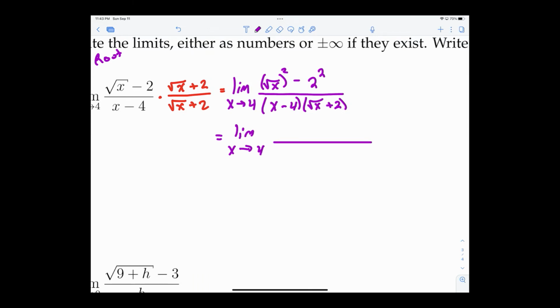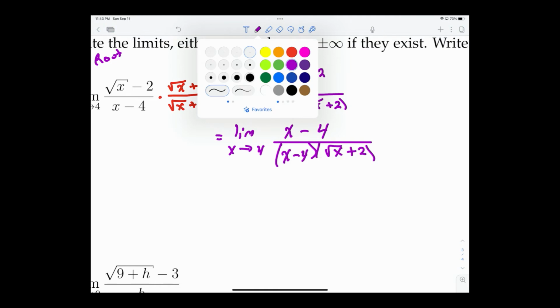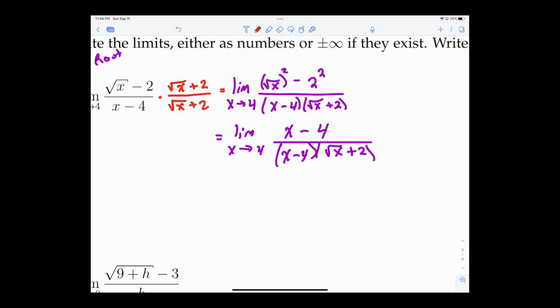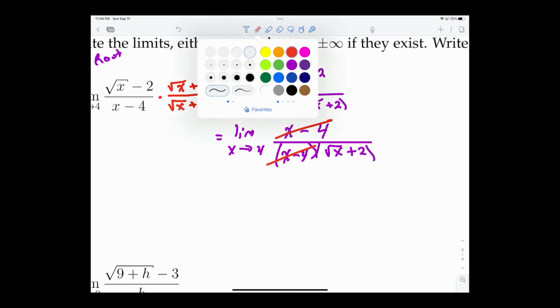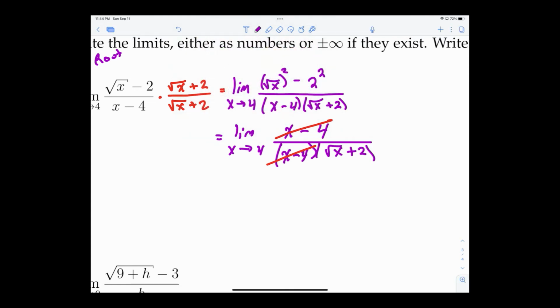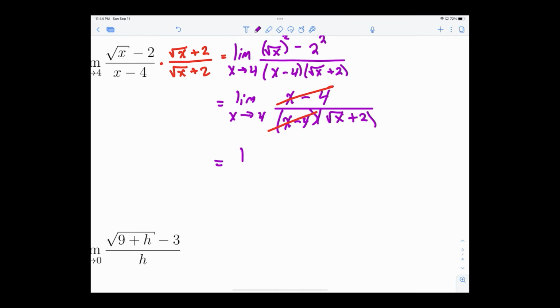So we got square root of x squared is x, minus 2 squared, so that's minus 4. Then we have x minus 4 over x minus 4 times square root x plus 2. And the way this is designed to work is that the top should cancel with something in the denominator, like it just did, the x minus 4s. So you get 1 over square root x plus 2.